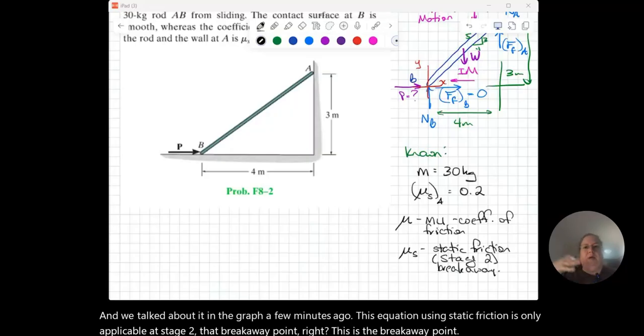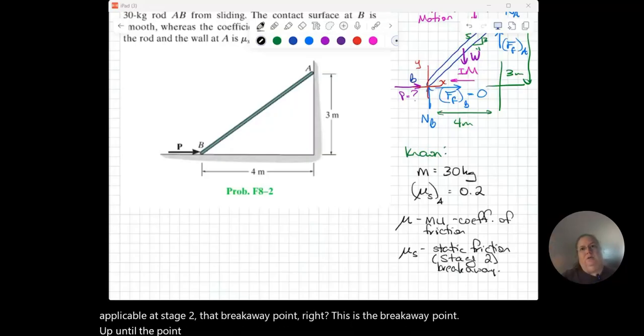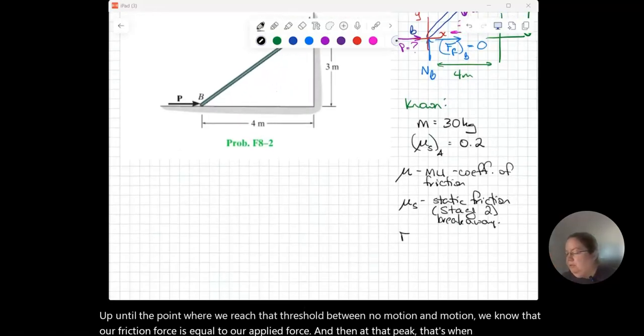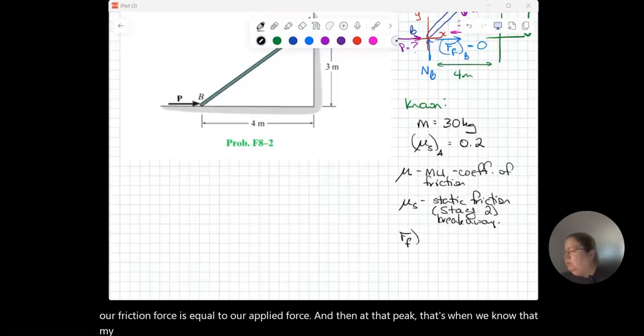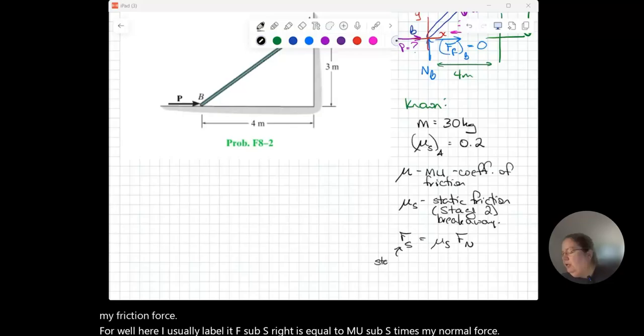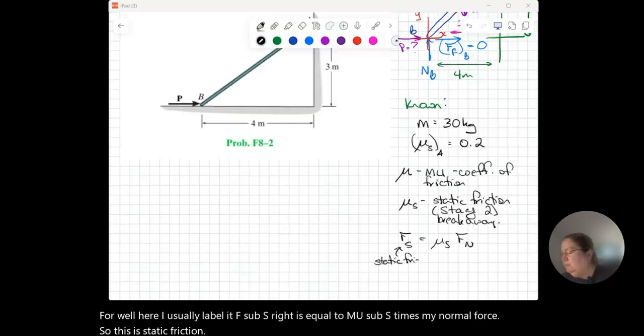Up until the point where we reach that threshold between no motion and motion, we know that our friction force is equal to our applied force. And then at that peak, I usually label it F sub S, is equal to mu sub S times my normal force. So this is static friction at the breakaway.